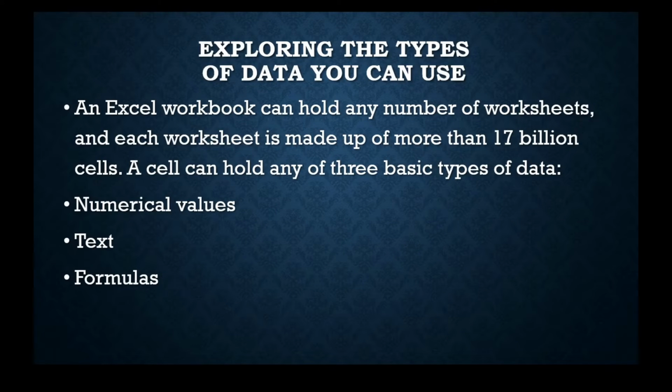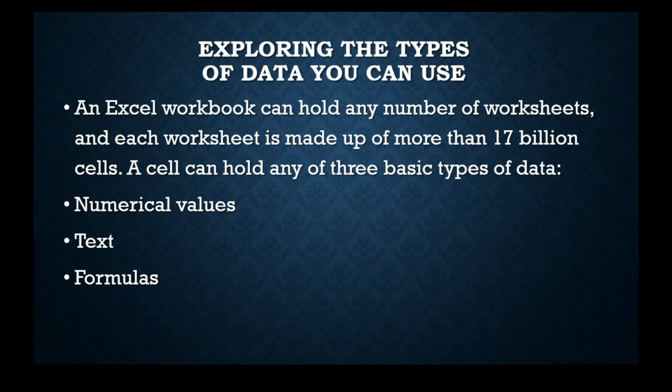Now let's look at the types of data that can be contained in a cell. An Excel workbook can hold a number of worksheets, and each worksheet is made up of more than 17 million cells, and a cell can hold any of three basic types of data.